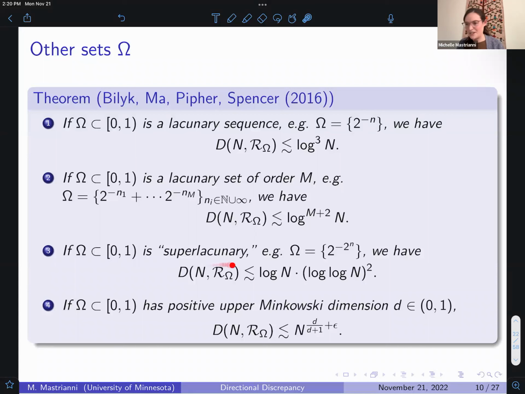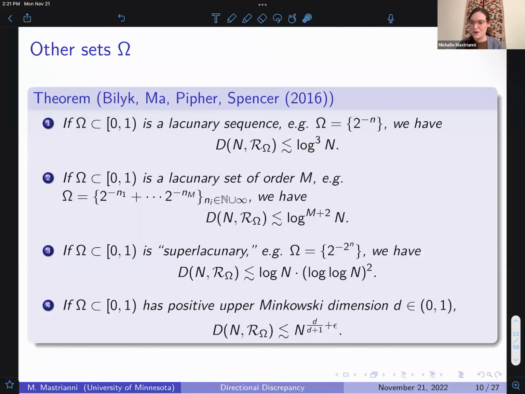For super Lacunary sequences, which are Lacunary sequences which decay super exponentially, this is much sparser than a Lacunary sequence. So you get something even better. And then they also were able to get a result for sets of positive upper Minkowski dimension. This result is really only useful if D is less than 1/3, because in that case, the power is 1/4.